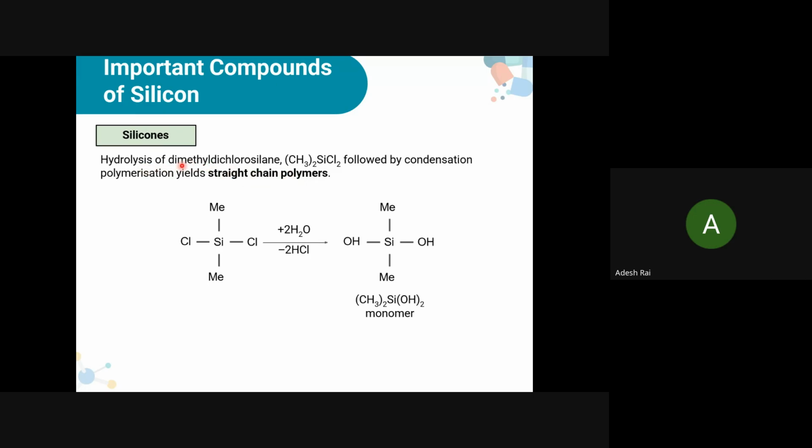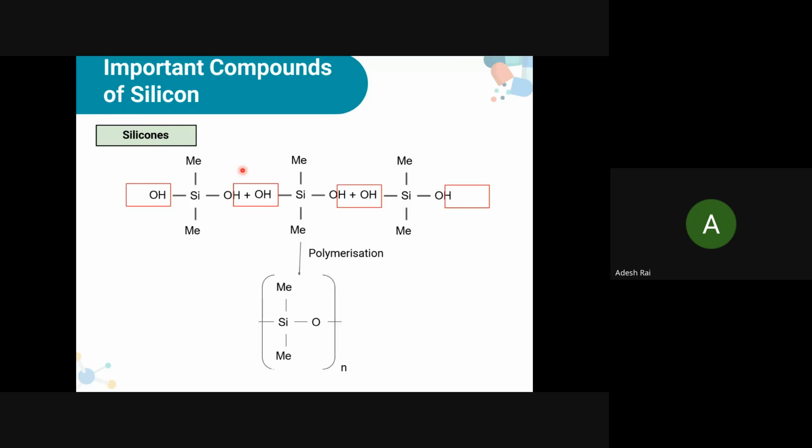Okay. Again, read the point. Hydrolysis of dimethyl dichlorosilane. First, what will happen? Both the chlorines will be replaced by OH. And now once we get this monomer, it undergoes condensation polymerization. So multiple molecules will be there, undergoing polymerization, and at the same time condensation polymerization. What do I mean by condensation polymerization? Some of the groups will be removed and they will condense with each other.